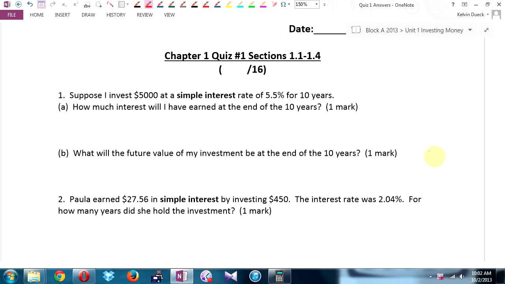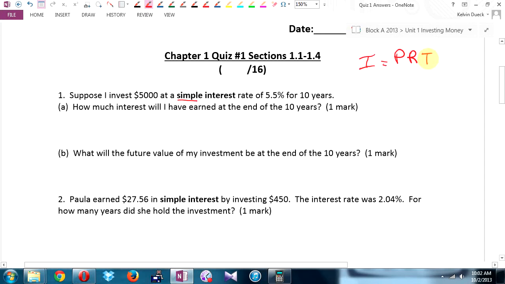Suppose I invest $5,000. So on the first day, folks, I need you to be quiet now. On the first day, we started with simple interest. We said simple interest is calculated by interest equals PRT. In fact, I remember it as I equals PERT, but no E in there. There's a PRT where P is the principal, R is the rate, T is the time.